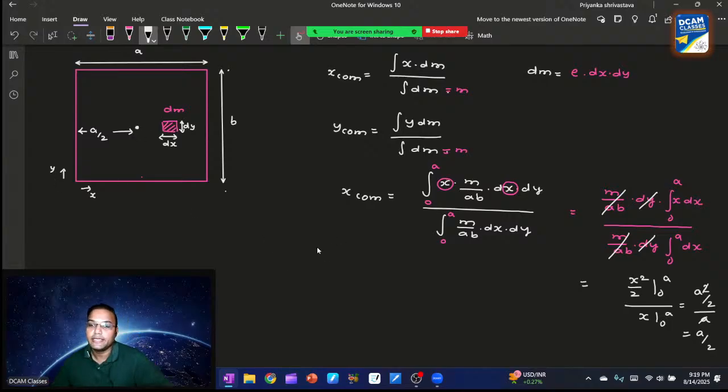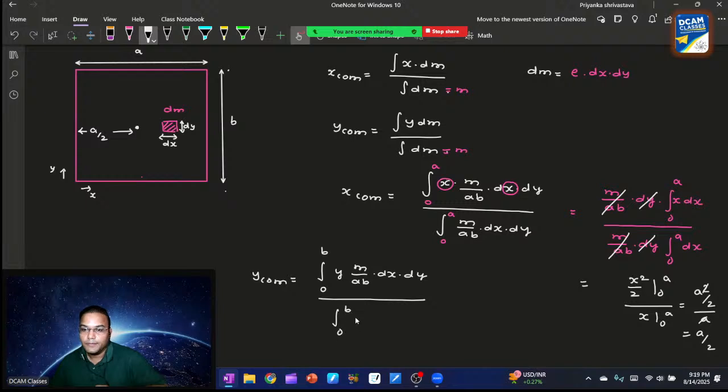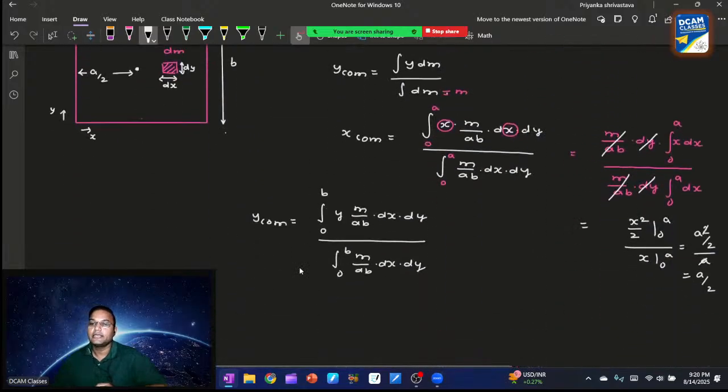Now finding out y center of mass, for y center of mass we'll use this integral, but now y is changing, x is constant, so y M by AB dx dy, y is changing from 0 to b. Now y is changing, x is constant, for finding out the y center of mass.